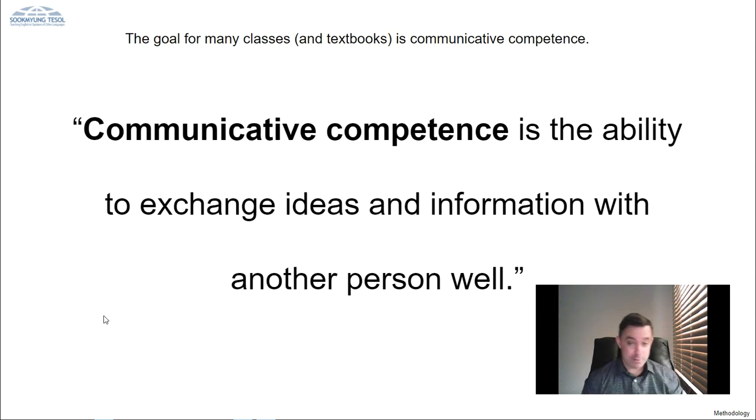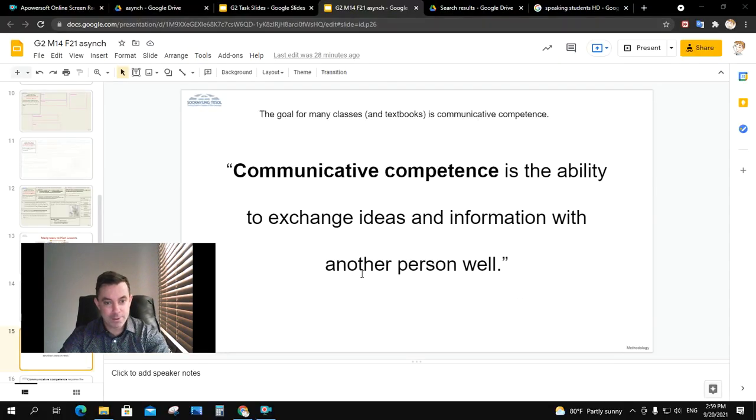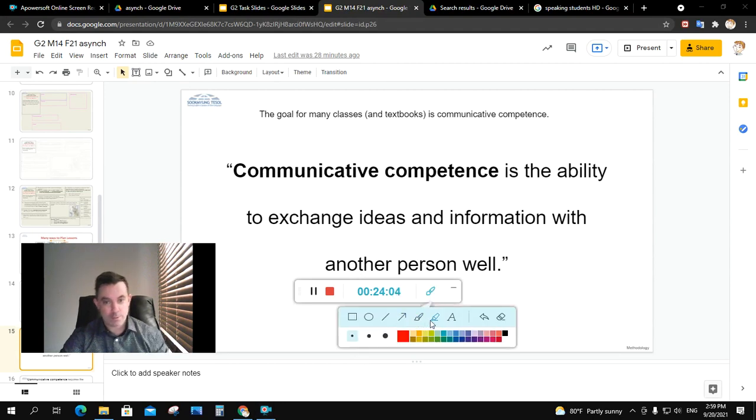Okay. And now, methodology students, take that last word, well, which you've written into your notebooks, and circle it. Circle that word well. Okay? When we talk about doing something like this well, let's circle it.